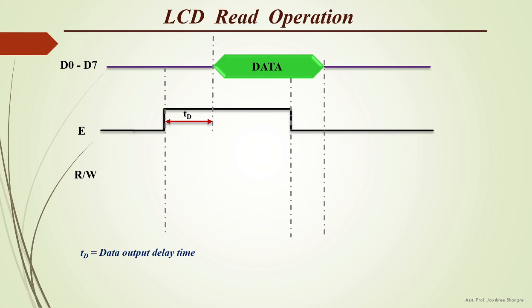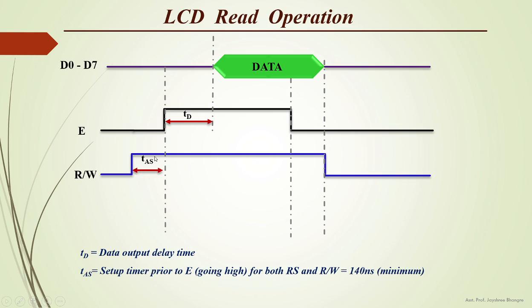Then to read the data, we have to apply the read signal to the LCD. To read data, we have to make this pin equal to 1, and we are making this pin equal to 1 before the enable signal is given to the LCD.